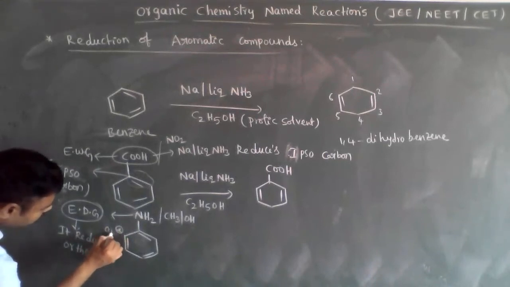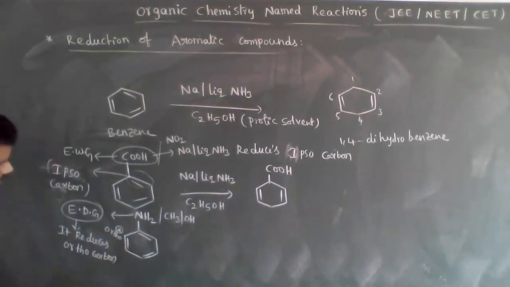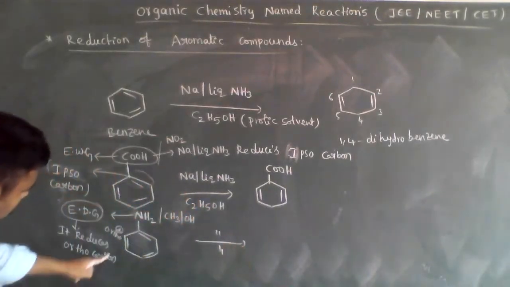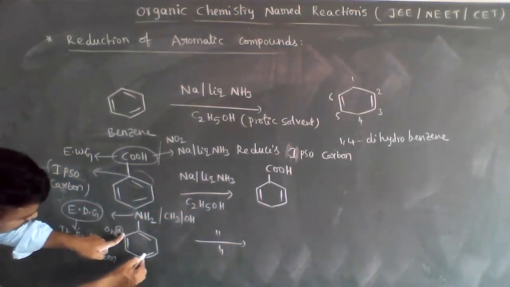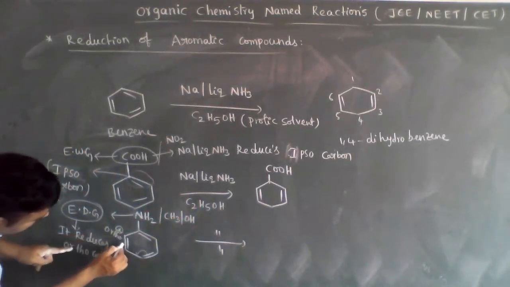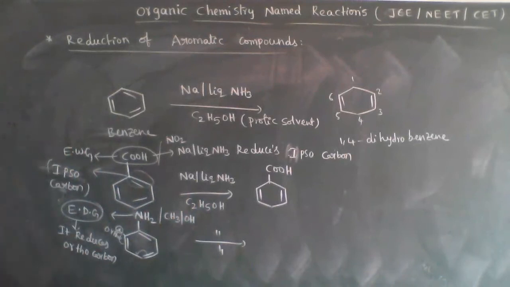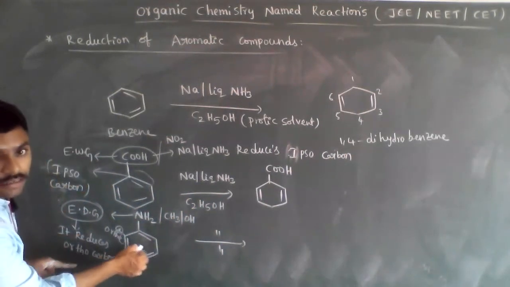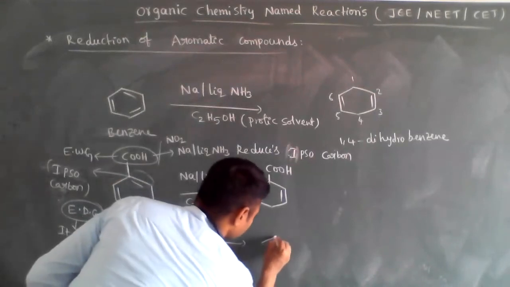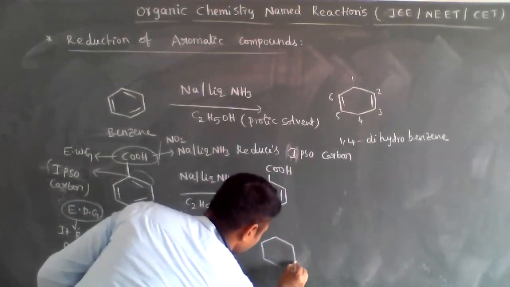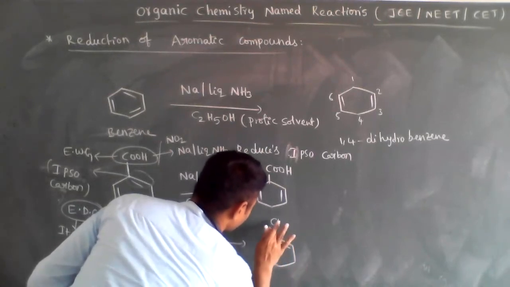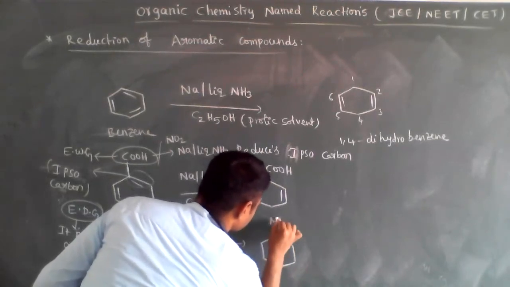This is the ortho carbon. Now, this carbon will reduce, again it will migrate to here. Then at the opposite position, two hydrogen atoms will come here. Now the product is like this.